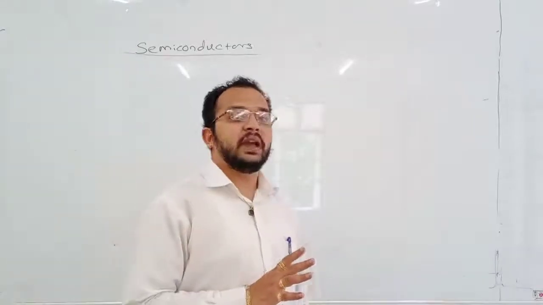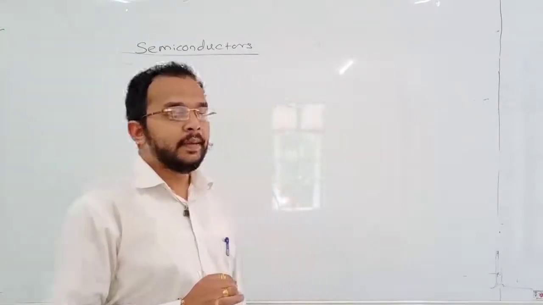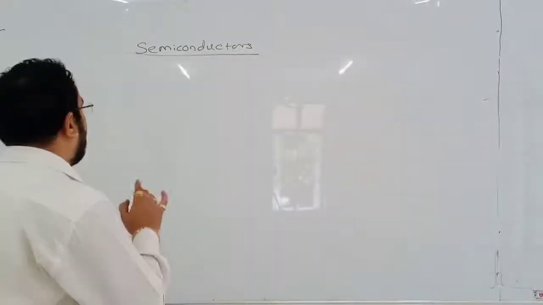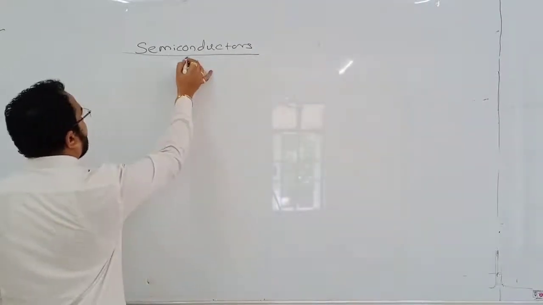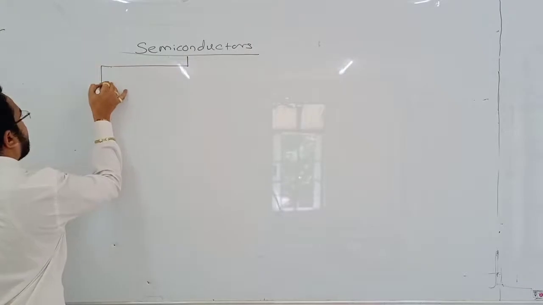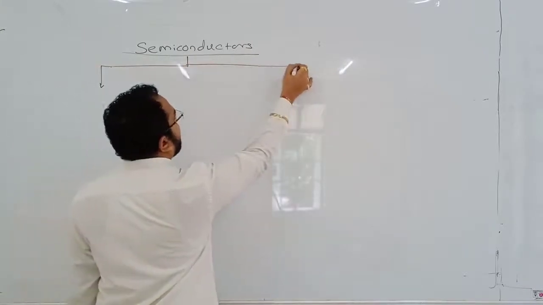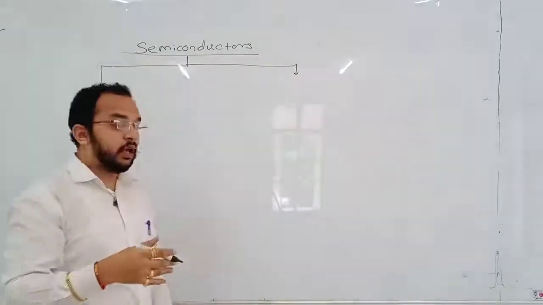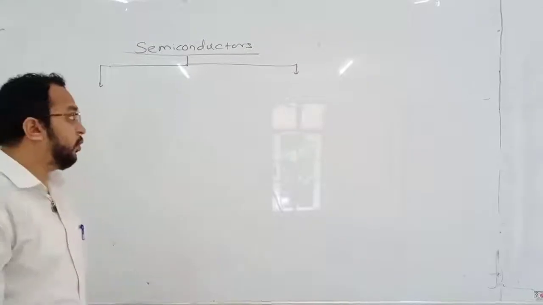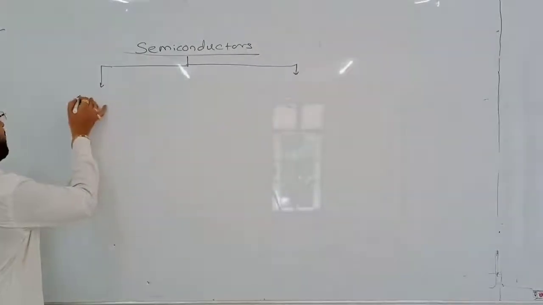The materials which have valency 4. Now these semiconductors are classified into two parts. This classification is important, so write down everything I say, and also what I speak.